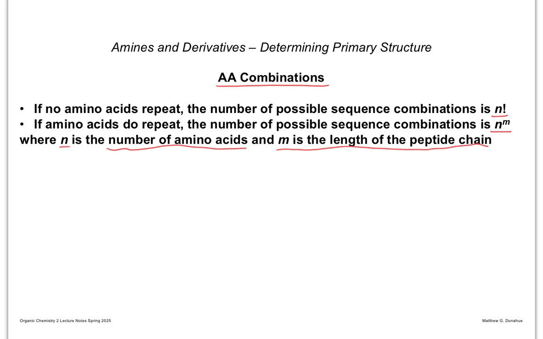You can plug those numbers in to figure out the number of distinct, unique sequences you can get from n amino acids. Those fall again into 2 categories: if none of the amino acids repeat, or if you do have multiple of the same amino acid.